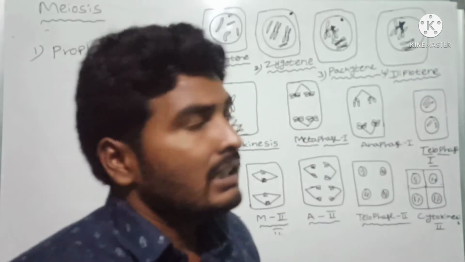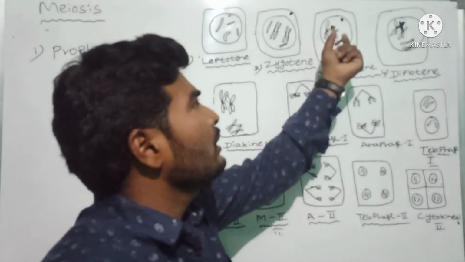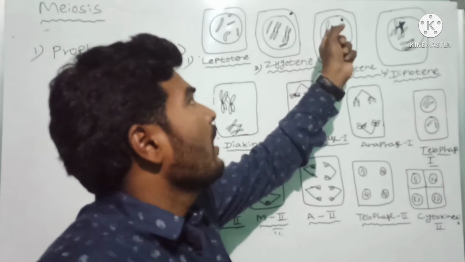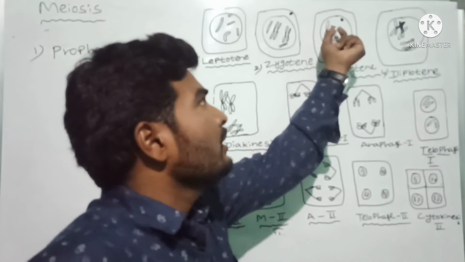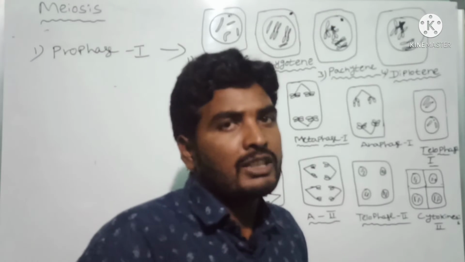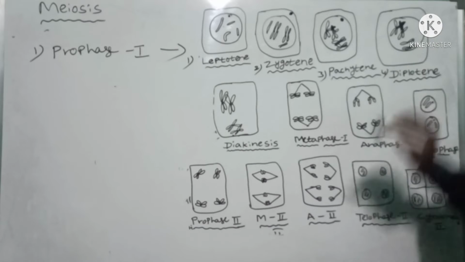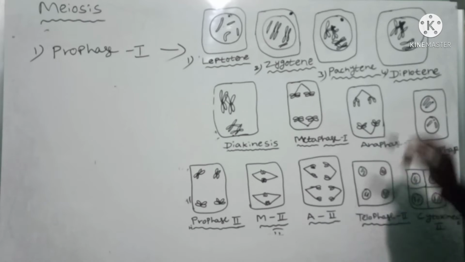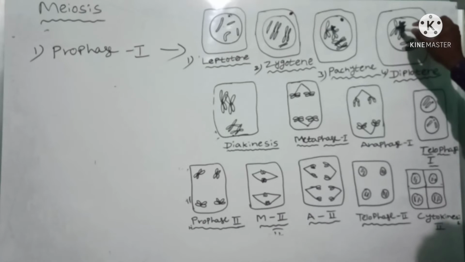Now, this is the chiasma. If you see, the point where the non-sister chromatids are separated and fused, this particular part we call chiasmata. This diplotene stage is also a shorter duration stage. In this diplotene stage, we clearly observe that the chiasma shows an X-shaped structure.